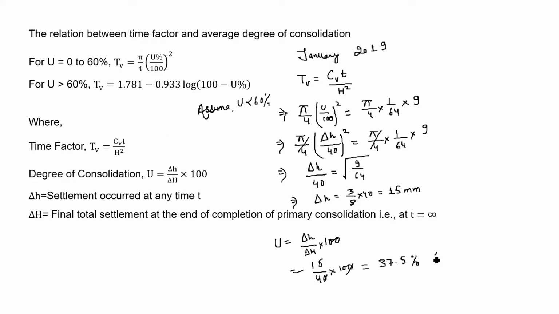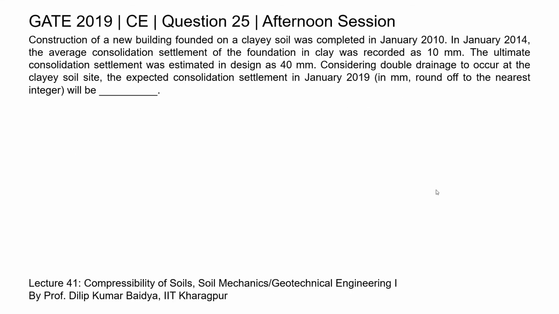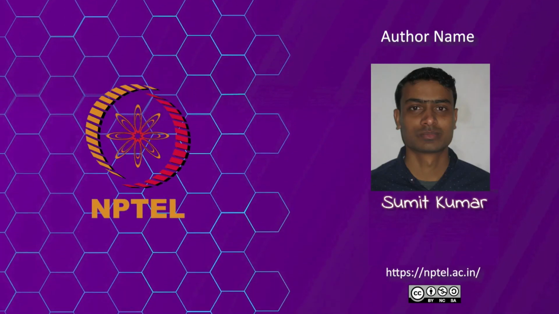Which is smaller than 60%. So our assumption is okay. So we can go with this answer, 15 mm. So the correct answer for this question is 15. Thank you.